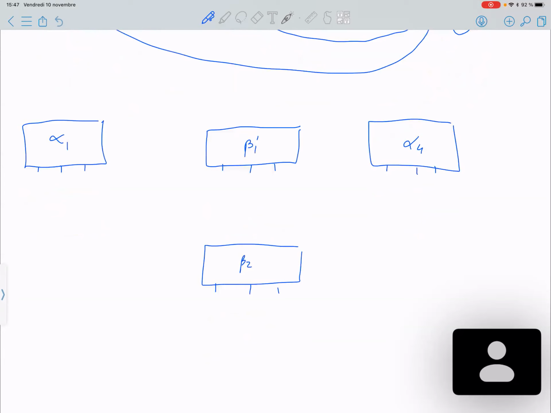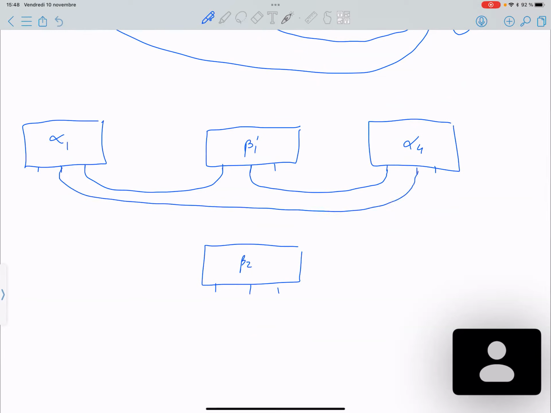Okay, so this one, like that, like that. Like that, and this one. Okay, let me draw the last one here. That. Oh, this one is very complicated.